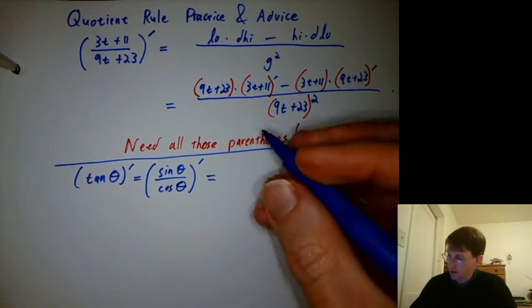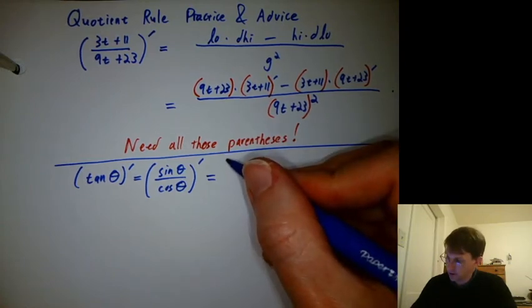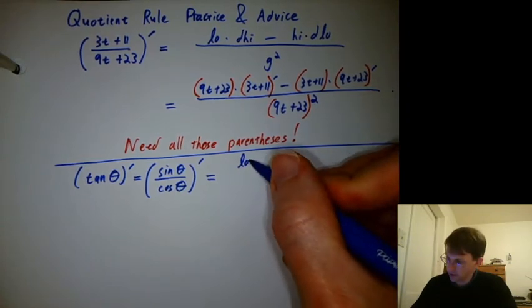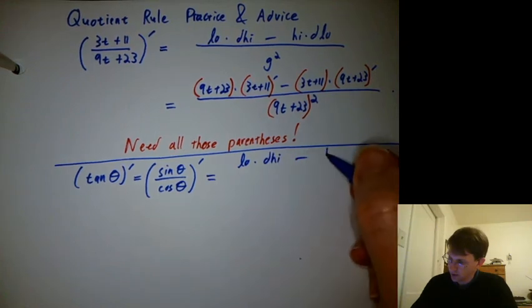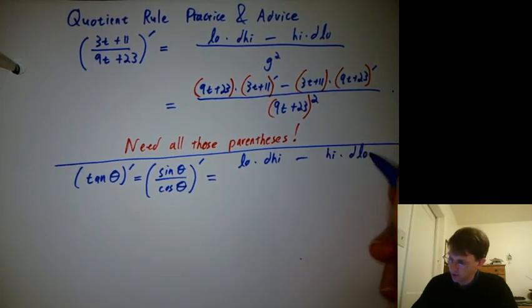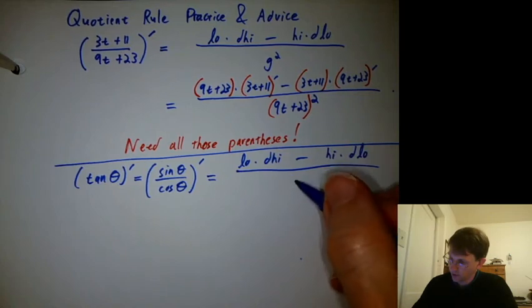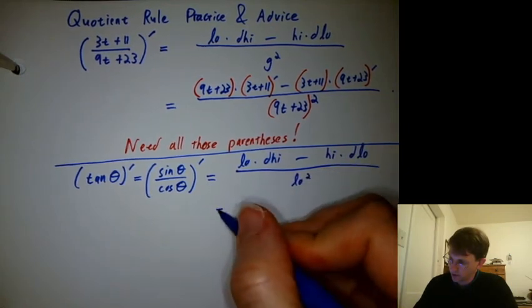Okay, welcome back. Let's see, we want low d high minus high d low over low squared.